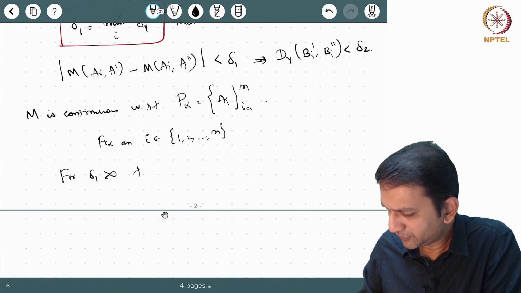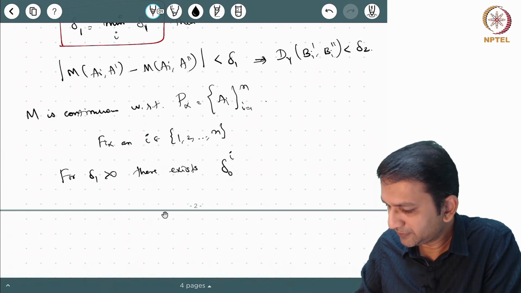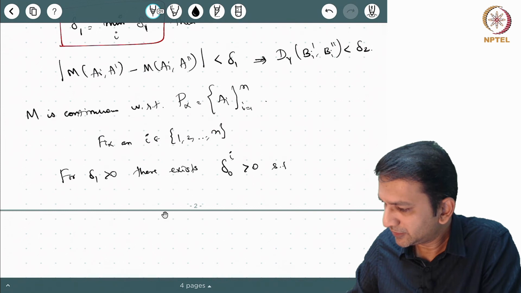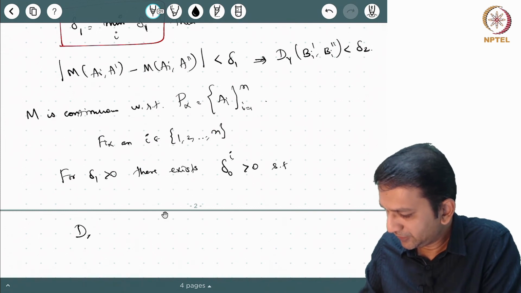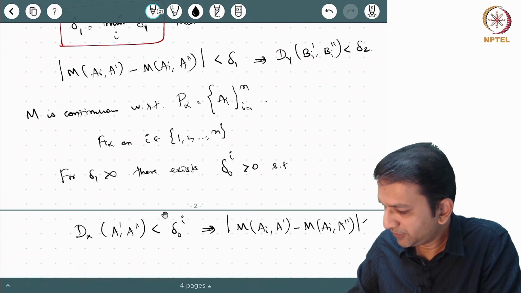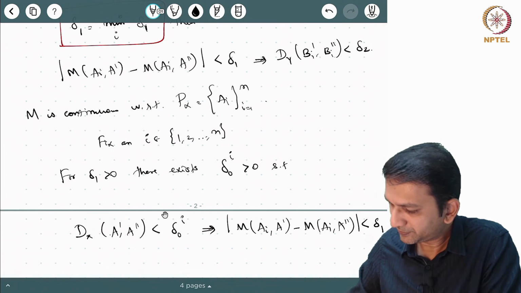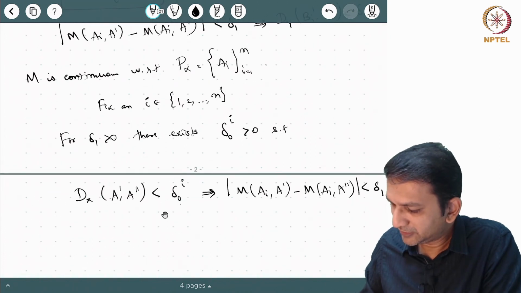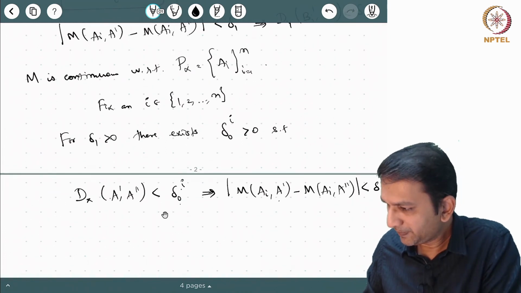greater than 0, there exists, let's say, delta naught i greater than 0, such that whenever dx of a', a'' is less than delta naught i, this implies the corresponding matching values m(ai, a') minus m(ai, a'') will be less than delta 1. Note that this i is related to what we have taken.